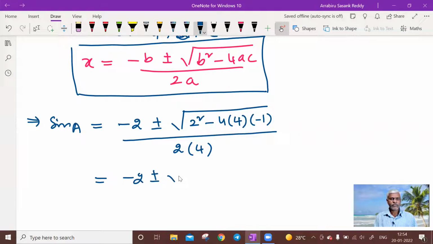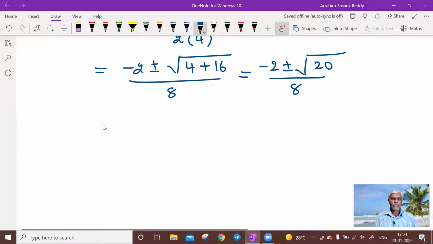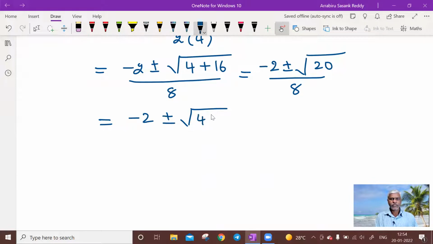Simplifying, 2 square minus into minus plus 4 into 4, 16 into 1 is 16, by 8. So minus 2 plus or minus 4 plus 16, 20, is 8 by 8. Minus 2 plus or minus, this is 4 into 5.